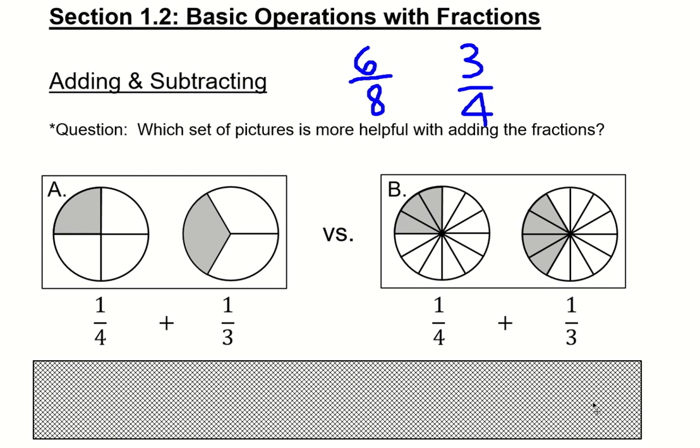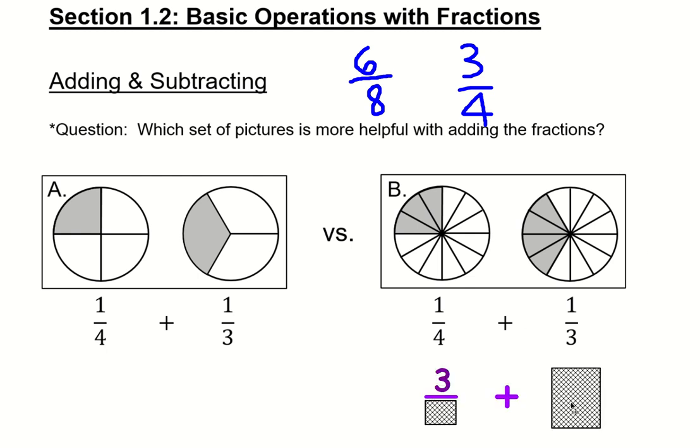It turns out that it's B, really. I know it's potentially a matter of opinion, but 1/4 would be the same as 3 over what? And 1/3 would be the same as 4 out of what?